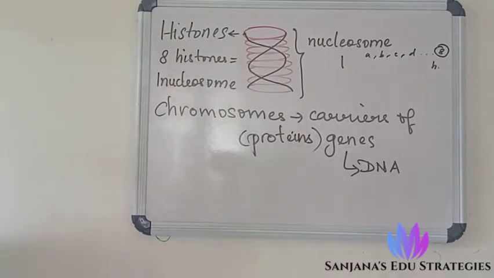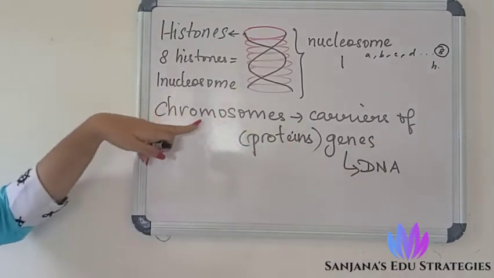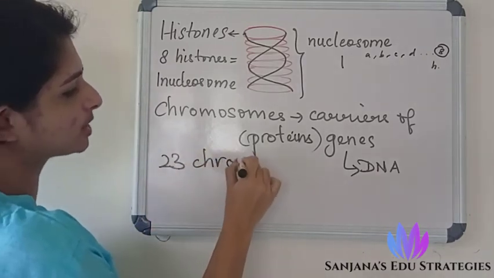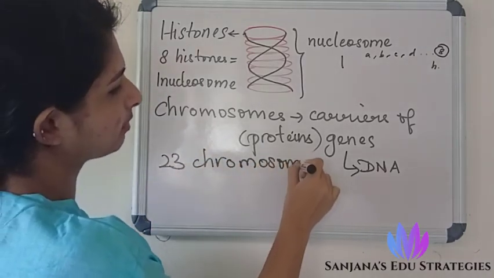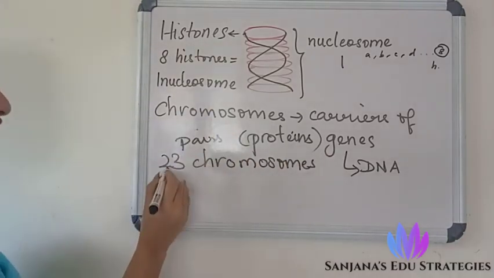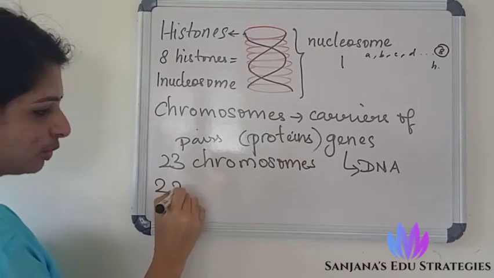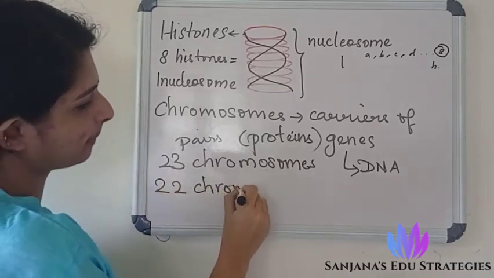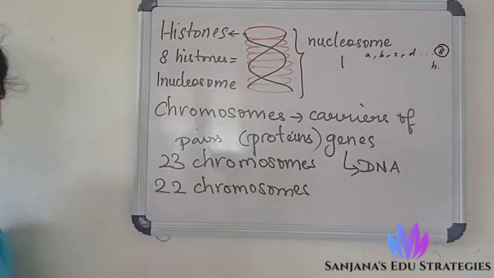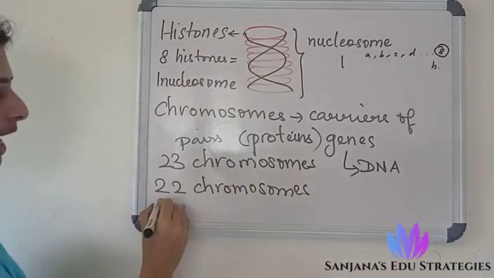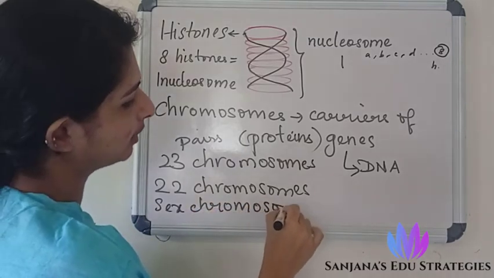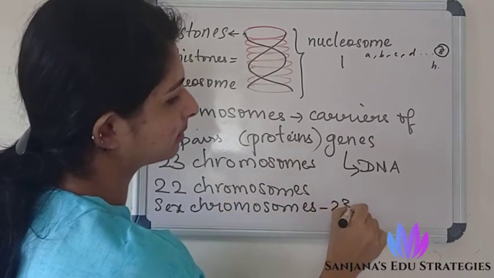Each DNA in each chromosome. We know already that in human beings we have 23 pairs of chromosomes, out of which 22 pairs have other functions, and as sex chromosomes we have the 23rd pair.